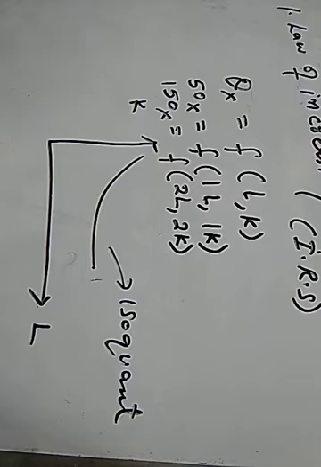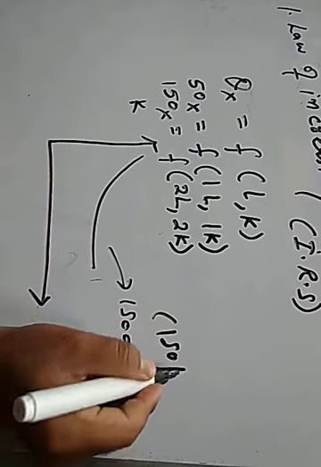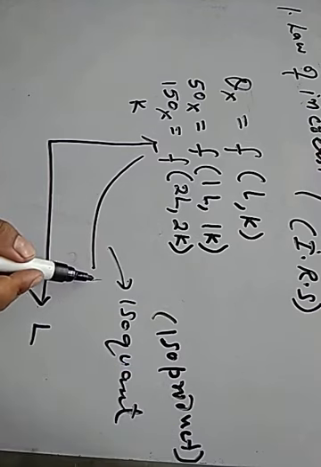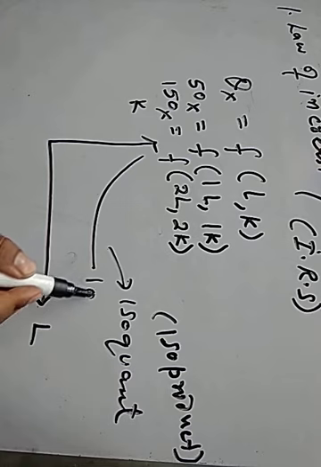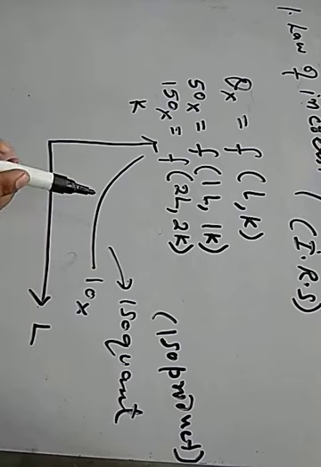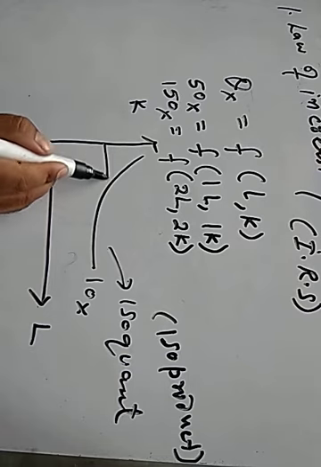Isoquant is derived from Greek words: iso means same, quant means quantity, meaning the same quantity of output is produced with the help of different units of labor and capital. That is why it is also known as the iso-product curve. Suppose this isoquant shows that 10 units of X are produced with different combinations of capital and labor.